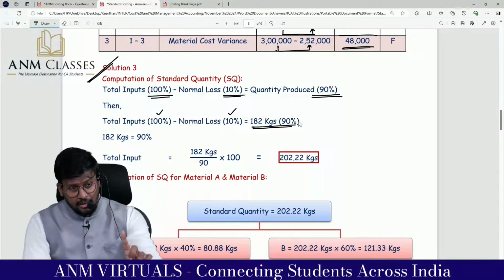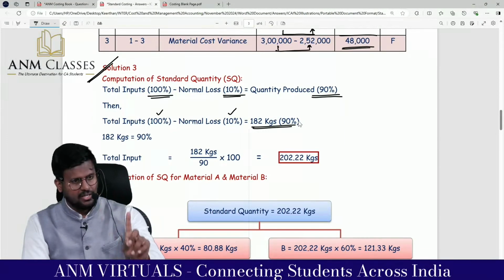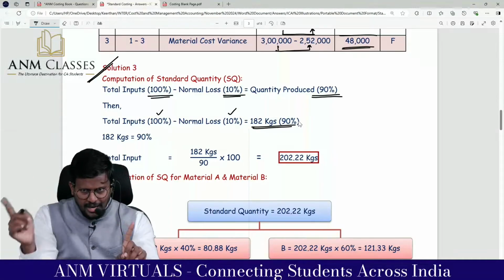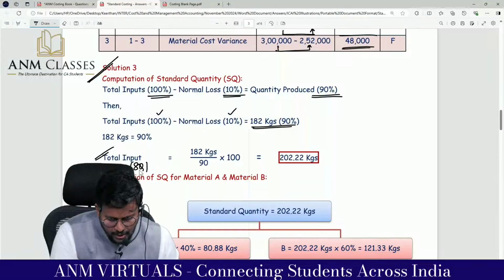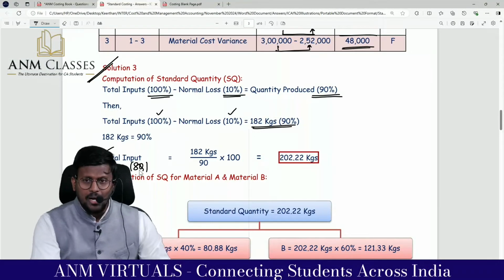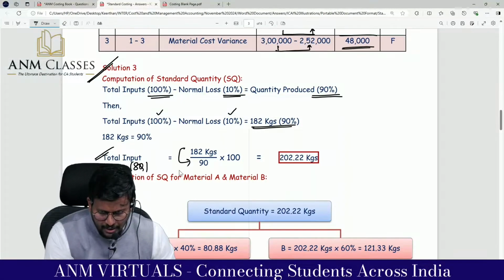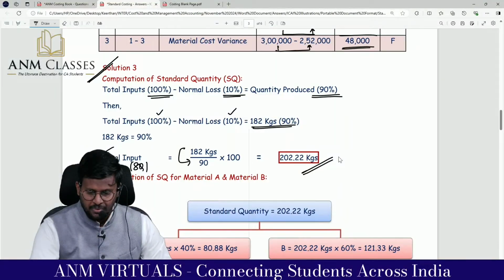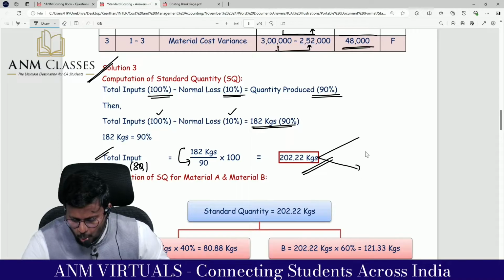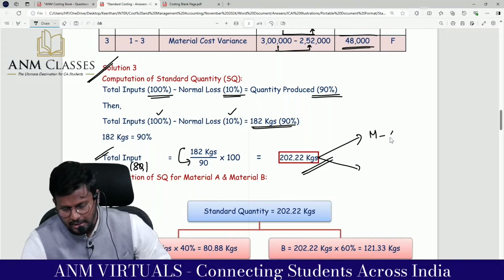If 182 kg is 90%, the total input or standard quantity should be 182 divided by 90 into 100, which comes to 202.22 kg. This comprises both material A and material B.